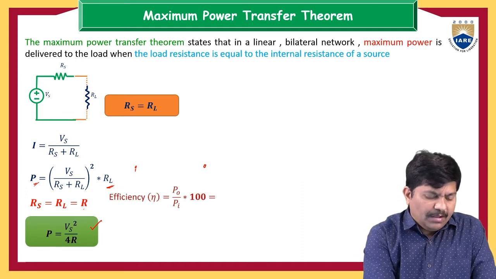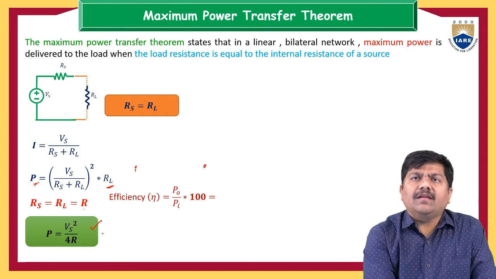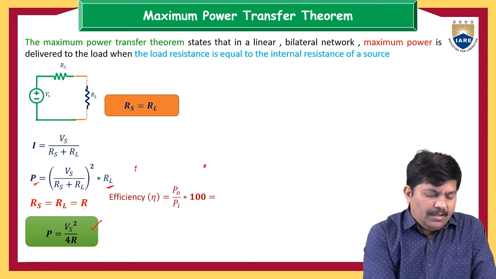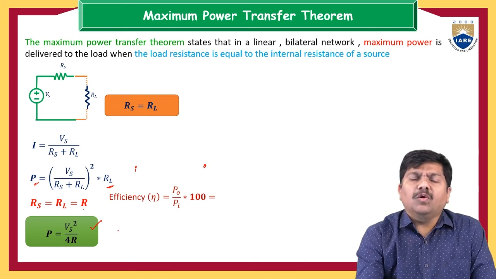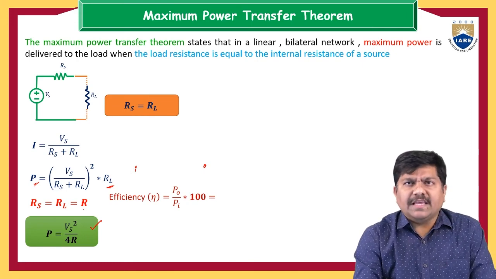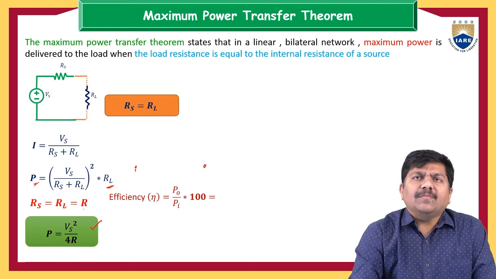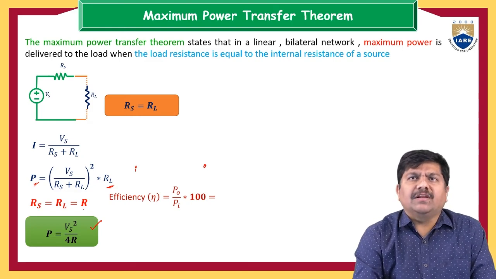So this is the power that the load is having. Here Vs is the source supply, and R is either the source resistance or the load resistance. Anyhow, both are the same in order to see the power to be maximum. That is a condition of course.